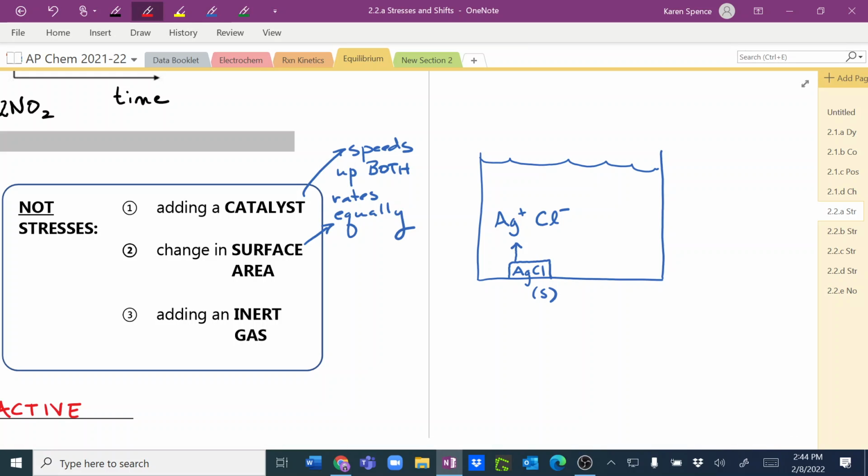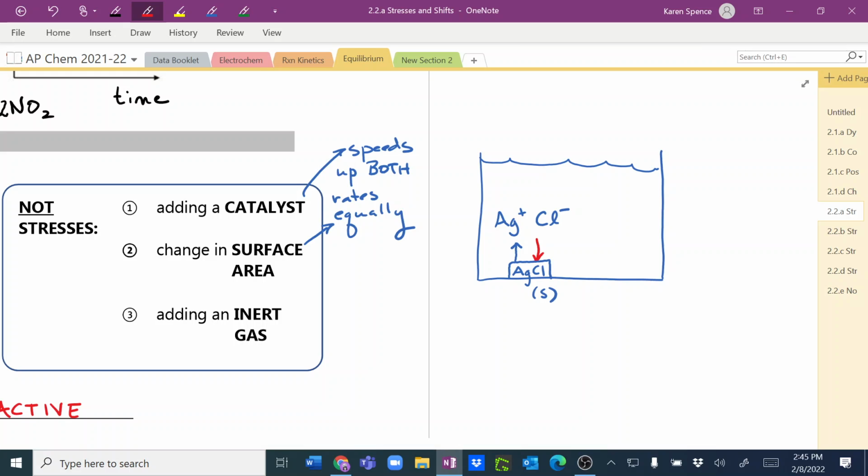But because this is a low solubility salt, this is also going to redeposit onto the solid. So far, so good. And once we have a saturated solution, this process is in equilibrium, yes? For every particle that dissolves, another one recrystallizes. So far, so good?